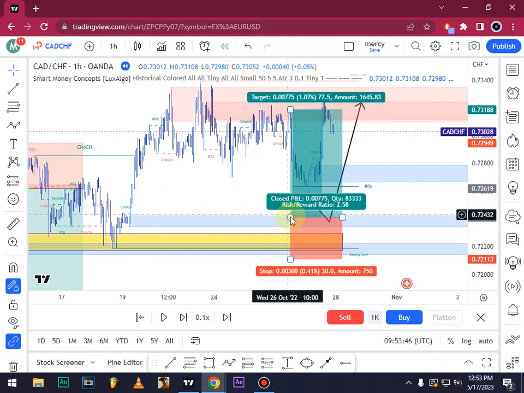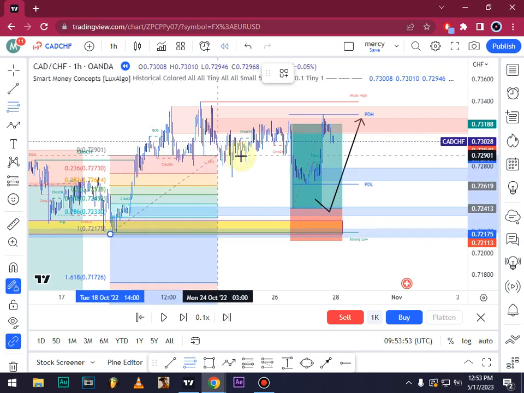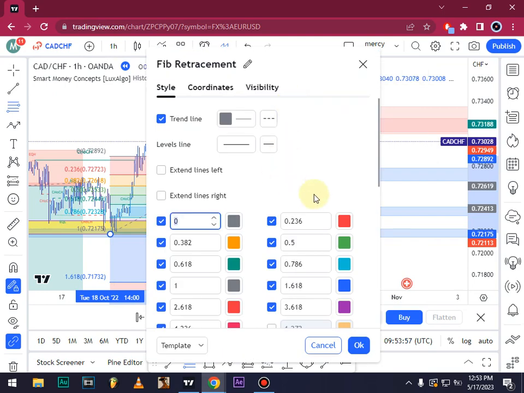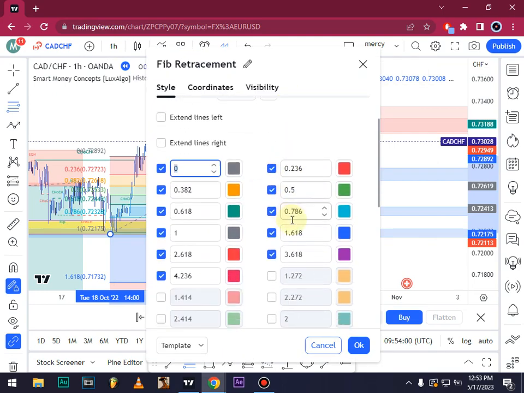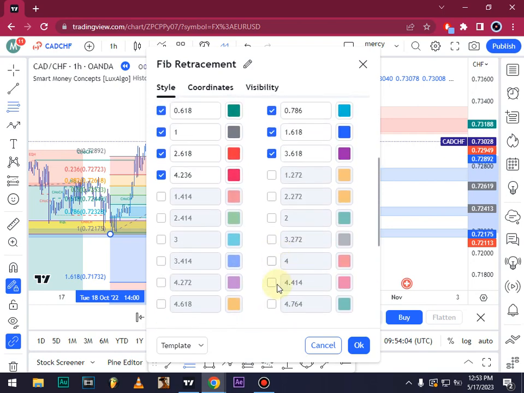This should be the 78 zone, gang. 61 or 78. Let's just introduce the fib. Let me first of all do the settings for the fib.